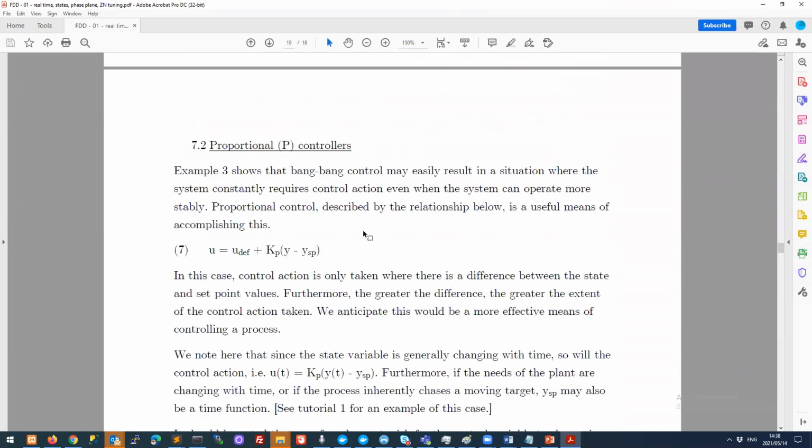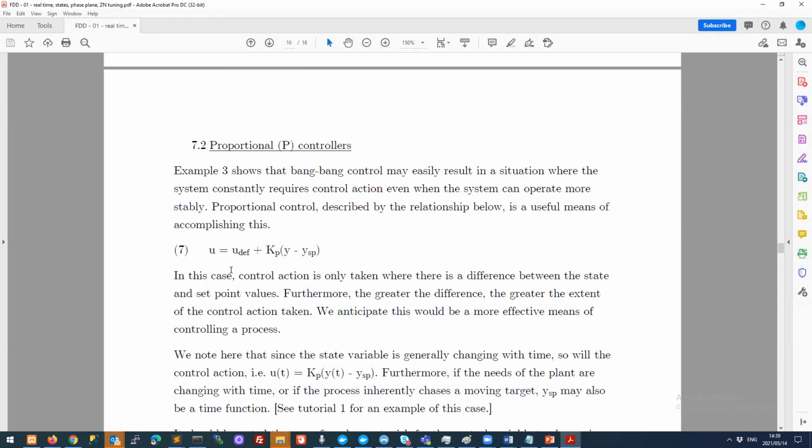Bang-bang control. Then proportional controllers are a bit different. That might be like the dimmer switch. You change the control action proportional to how far you are away from your set point. So you want to be at a certain set point. There must be a certain light intensity in the room. Your current situation is different to that.